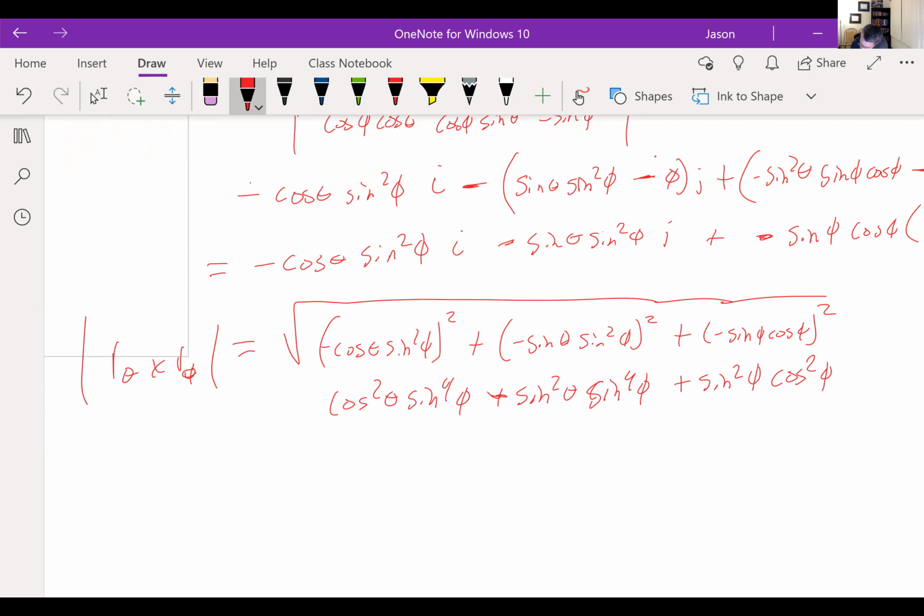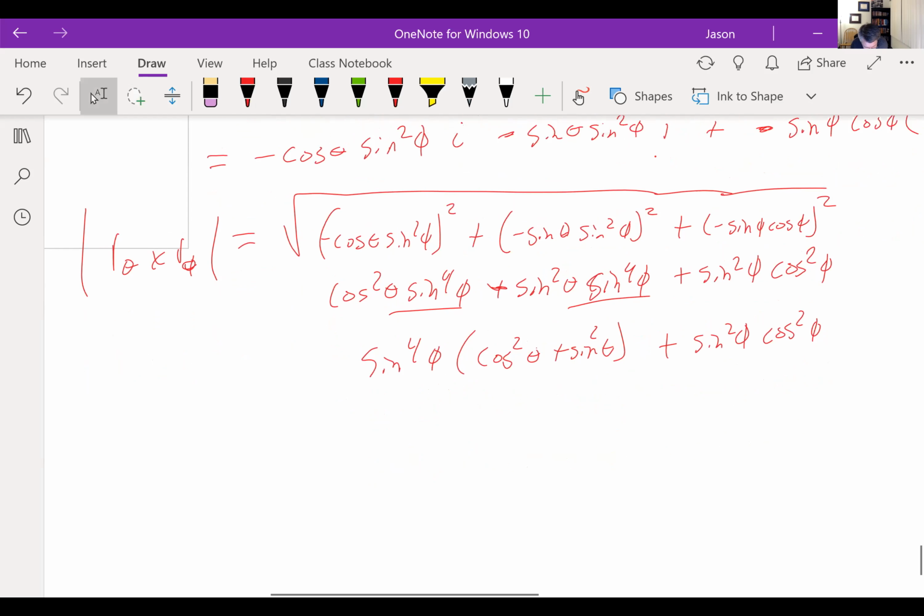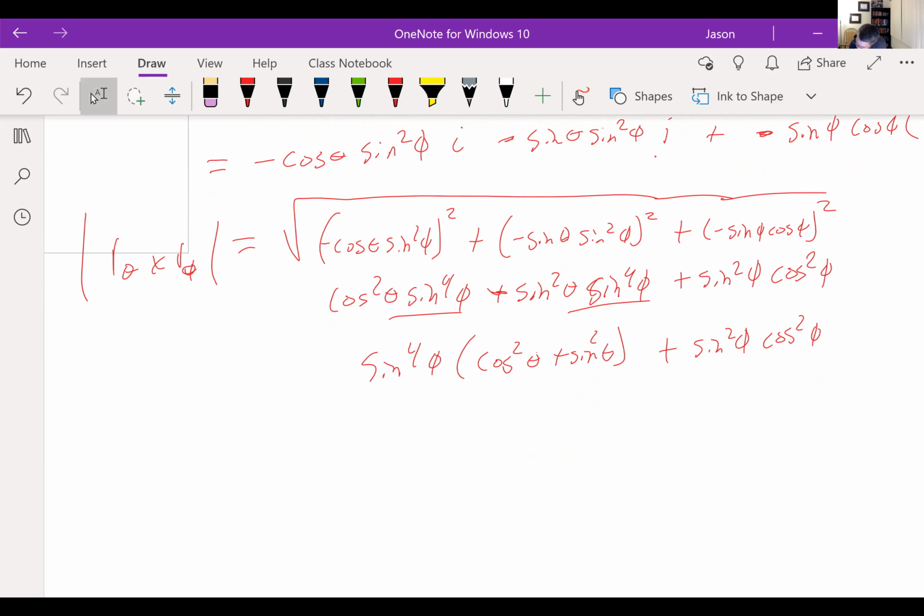So factor out the sine to the fourth phi: sine to the fourth phi times cosine squared theta plus sine squared theta, plus sine squared phi cosine squared phi. Nice. This goes to 1. And then I'm going to do something sneaky here.